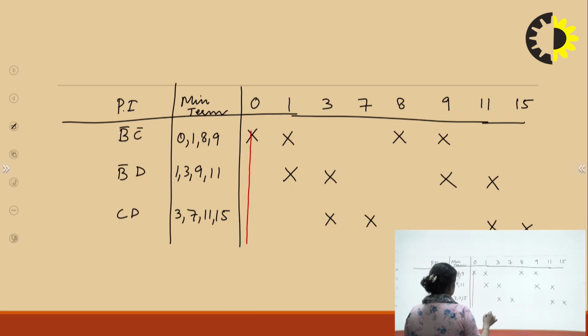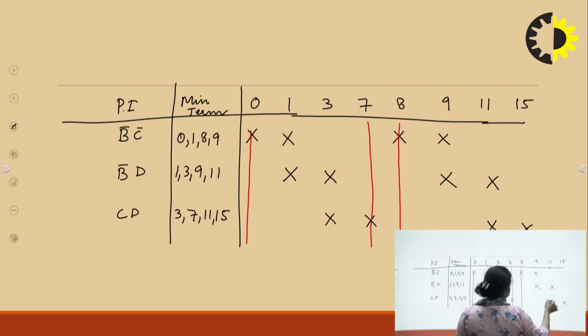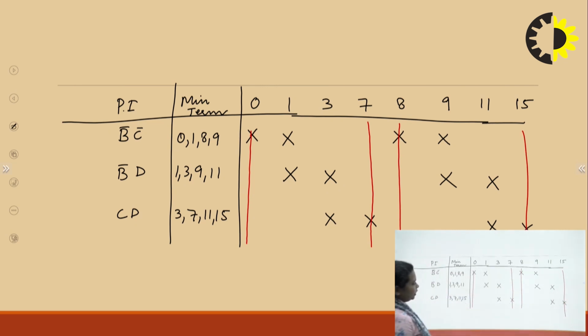Then if I see 7, there is no other cross. Similarly at 8, no cross, and at 15, no cross. So what it means is we have to find the EPIs. This is a trick, or you can say a method, to find them.